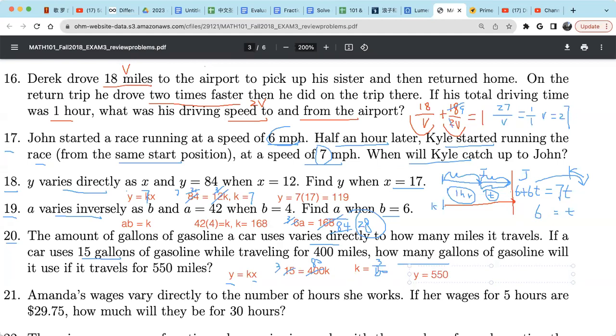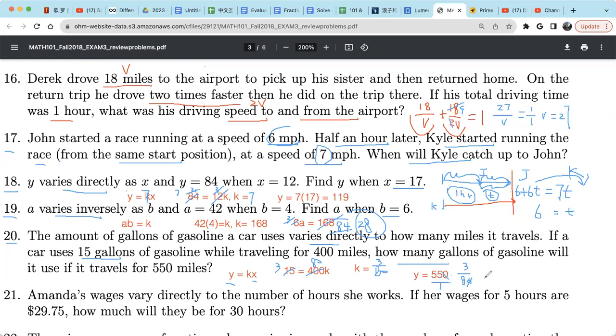Let me type 550 first. Multiply by 3/80, because 3/80 is my k. Well, simplify with 10, divide 550 by 10, divide 80 by 10, because 550 is the numerator, right?